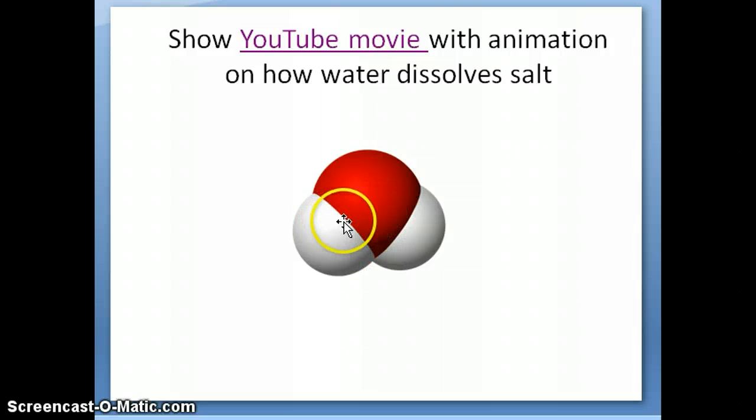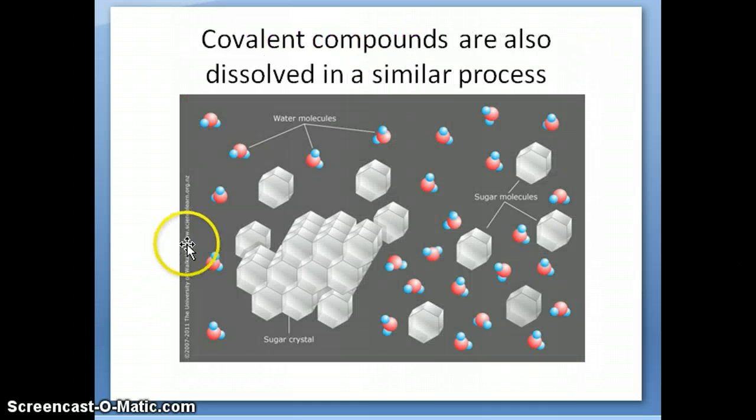For a covalent molecule, which doesn't form ions, it's basically the same concept, except that it'll be the entire unit of the covalent molecule that gets pulled apart.